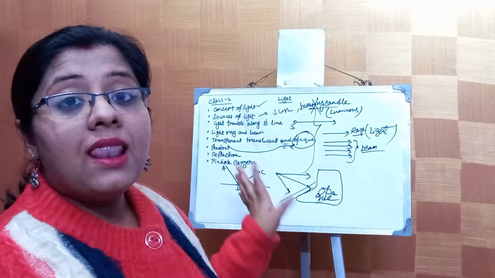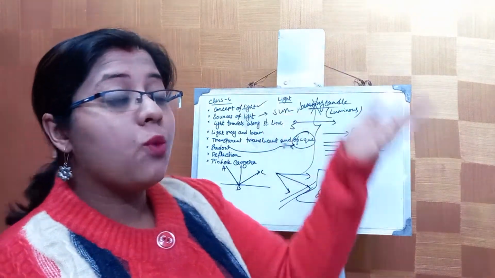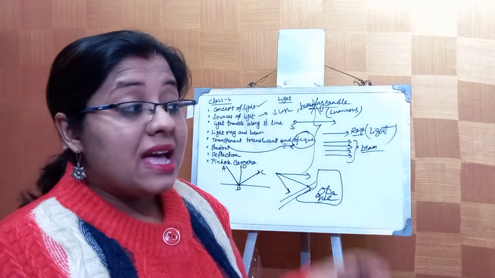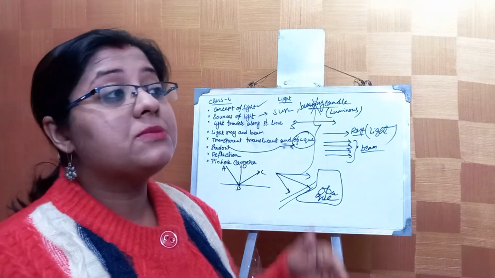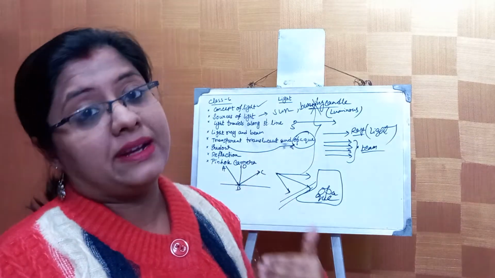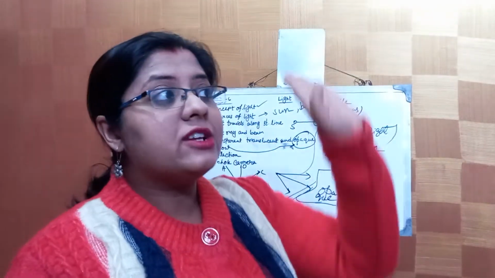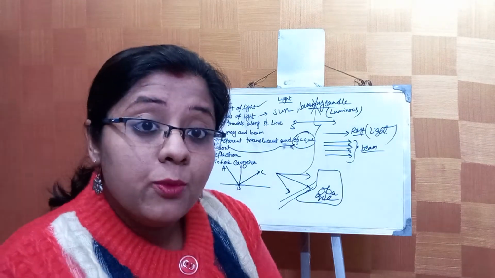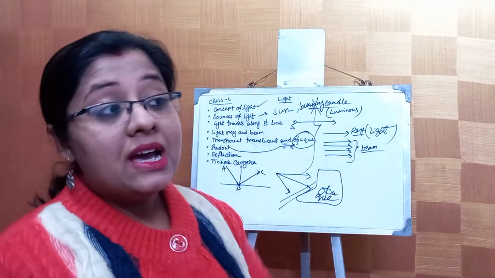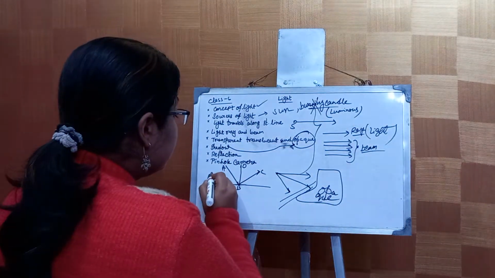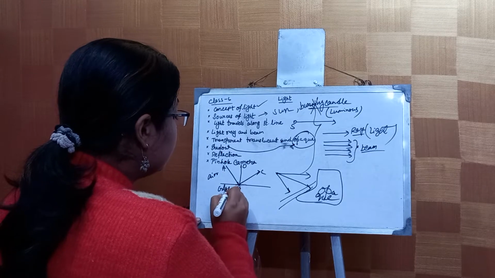When light rays come from one medium and fall on another medium, then some of the light rays bounce back from the surface of the second medium, and again go to the first medium. This incident is called reflection. So suppose this is air, this is glass.